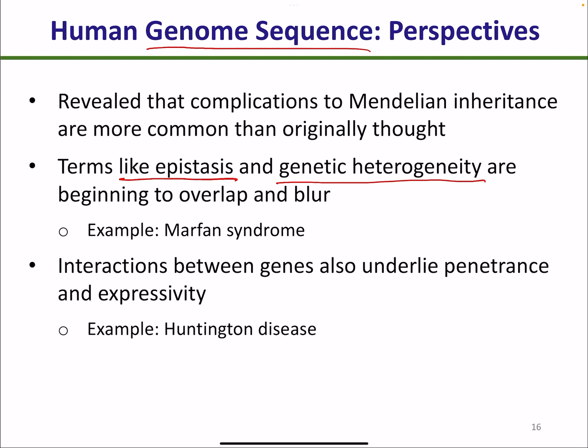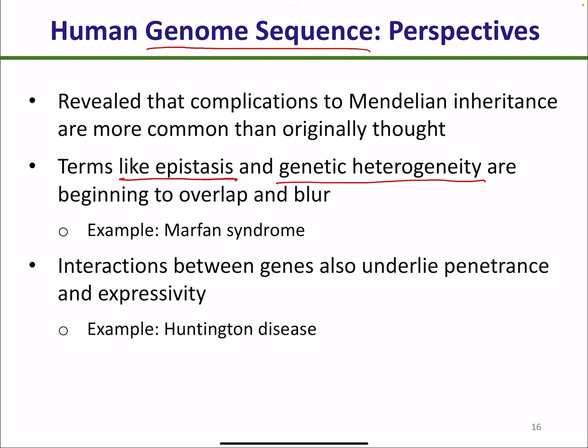Okay? Marfan syndrome. It's one particular case that Mendelian genetics could not explain, right? Interactions between genes are showing different levels of penetrance, different levels of expressivity, things that actually we could not comprehend with the sole Mendelian genetics, right?